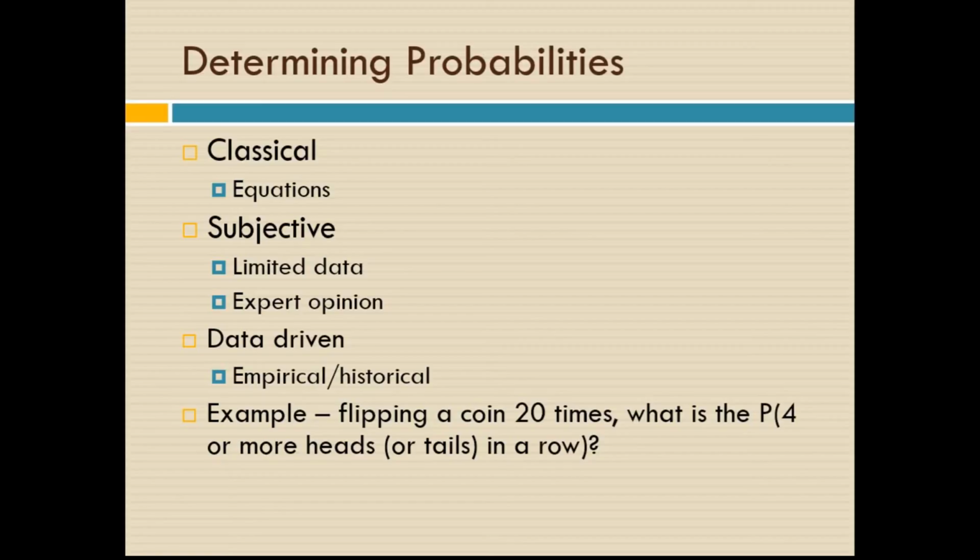And we're going to run that 20 coin flip experiment a whole bunch of different trials, like 100 different times. And if out of those 100 trials we had 87 of them where we got a run of 4 or more, then our probability, our likelihood of this, we're going to say is 87 divided by 100, or 0.87.